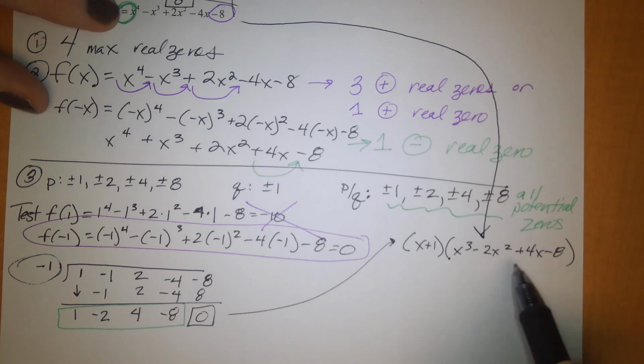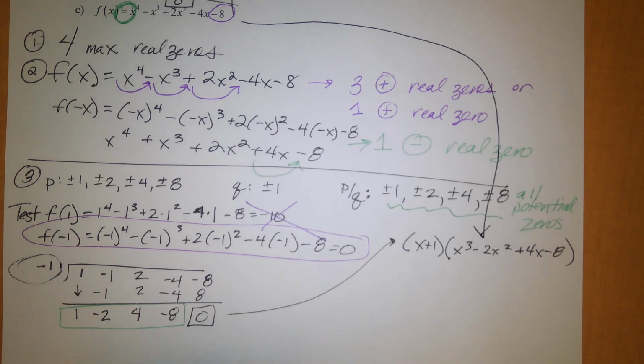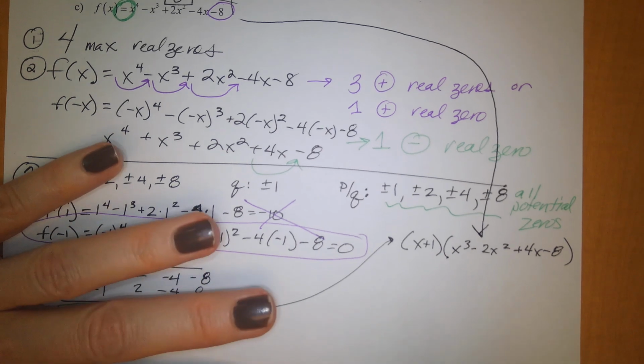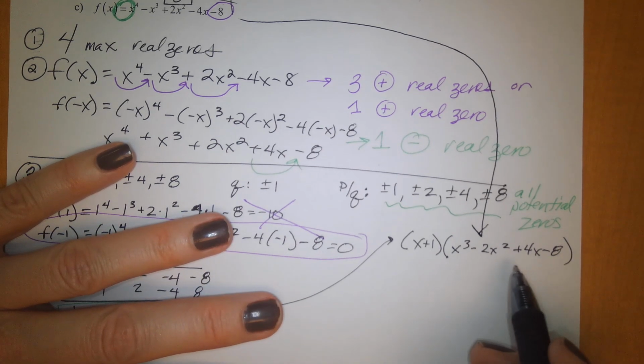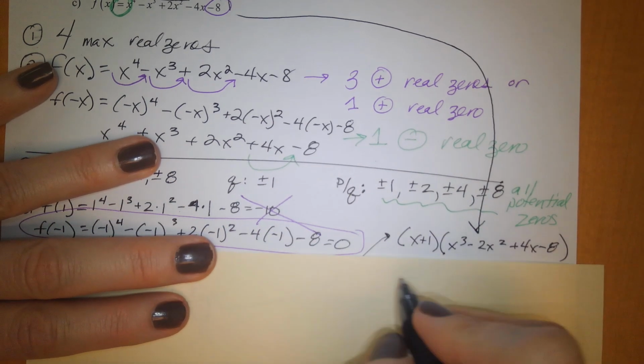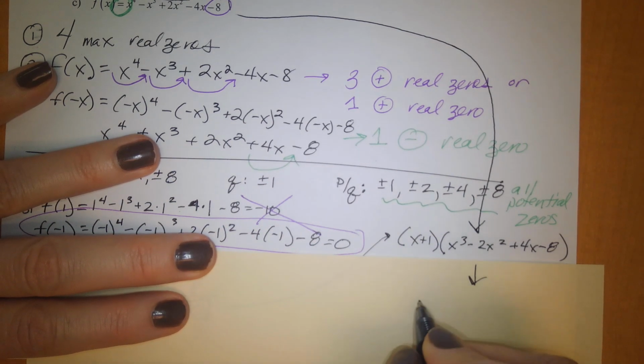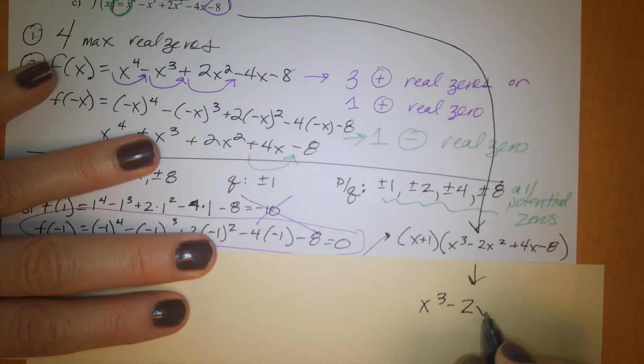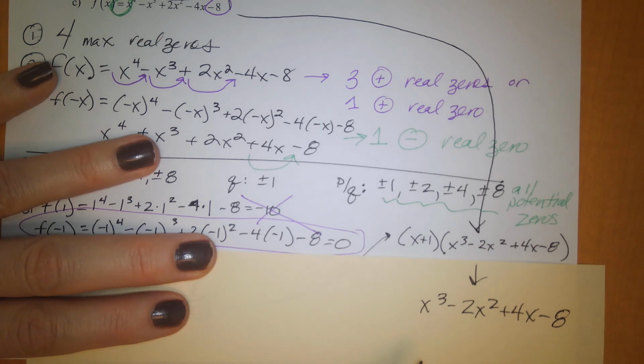However, I might be able to factor this. I might need a separate piece of paper here. Let me grab that because I'm running out of room. So if I go to factor just this piece over here, let's see how that would get factored. Okay, so let's just look at this piece right here. So x to the third minus 2x squared plus 4x minus 8. Maybe I can group this.